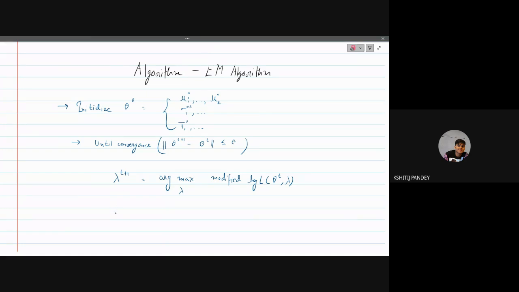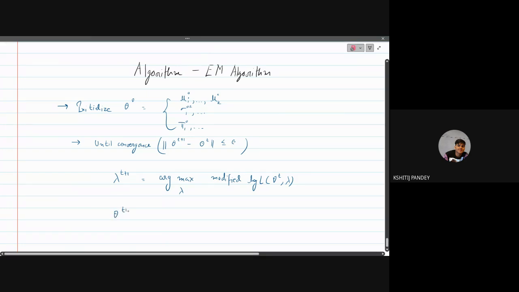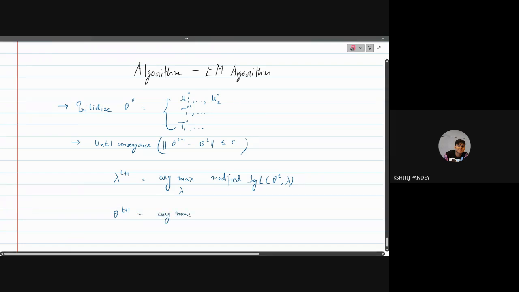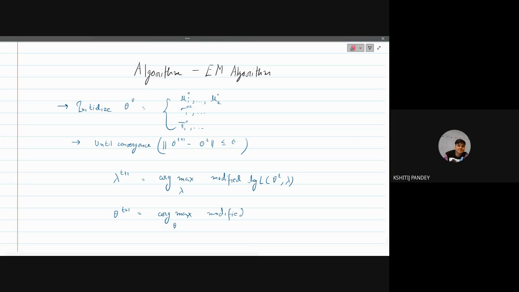So we find the value of theta as the argmax over theta, and the objective function is the modified log likelihood.